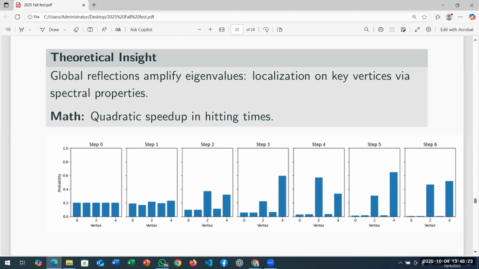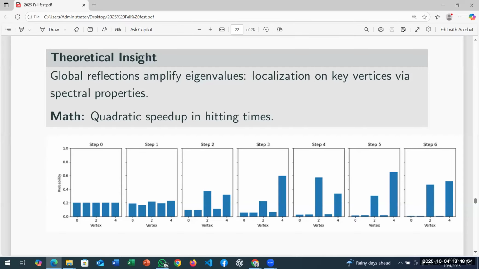At the initial step, we have everything being equal. At step 1, you can see that the probability now varies. At step 2, you can see these two have a higher probability compared to the third, and so on and so forth.